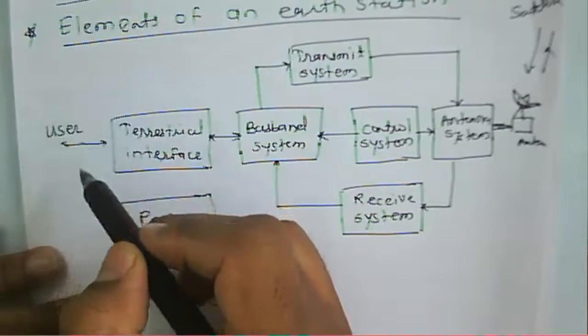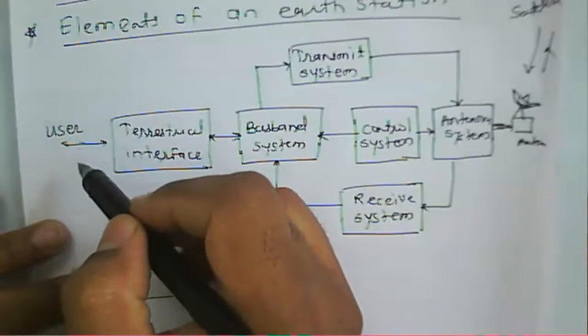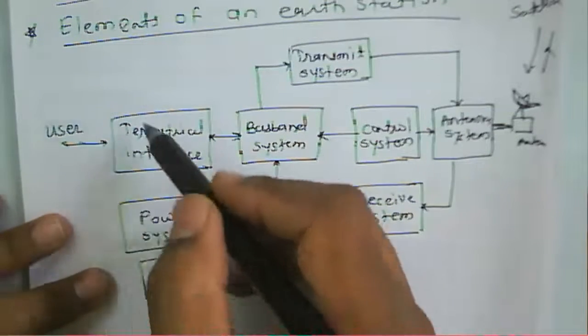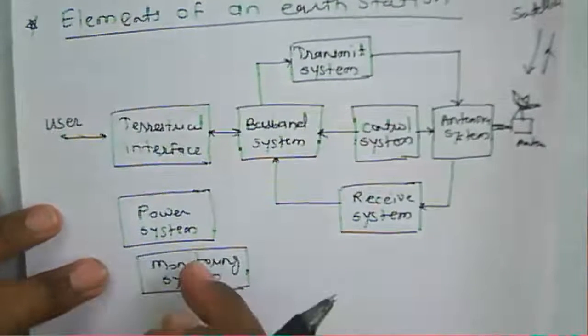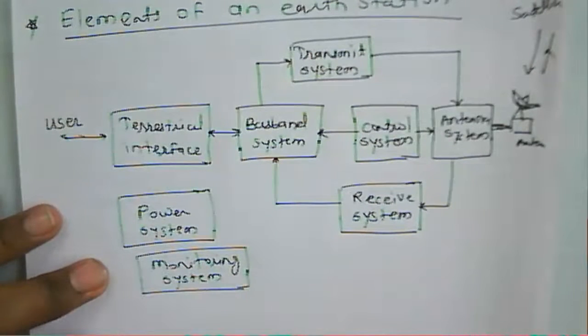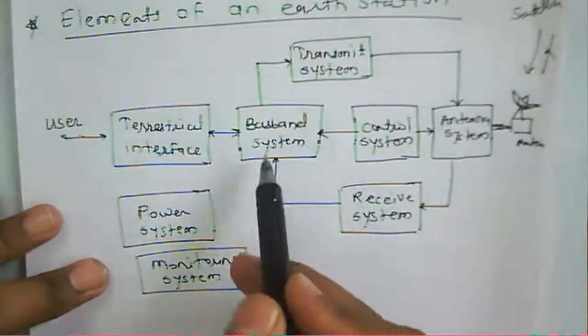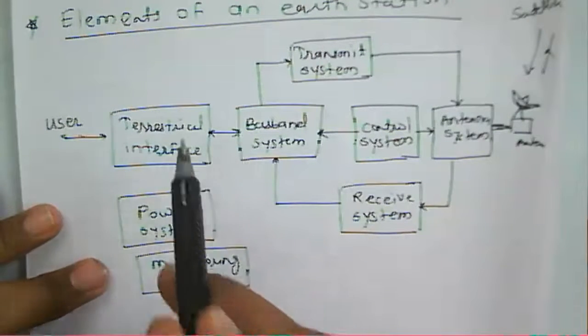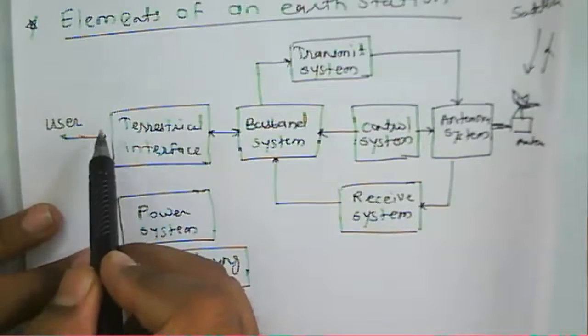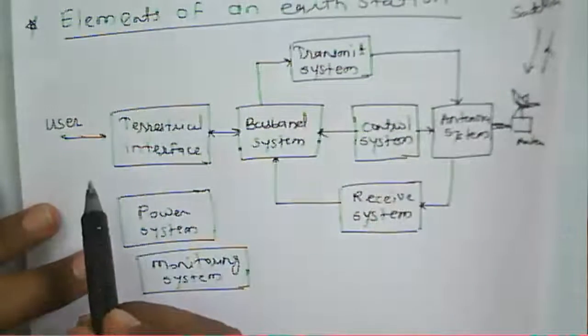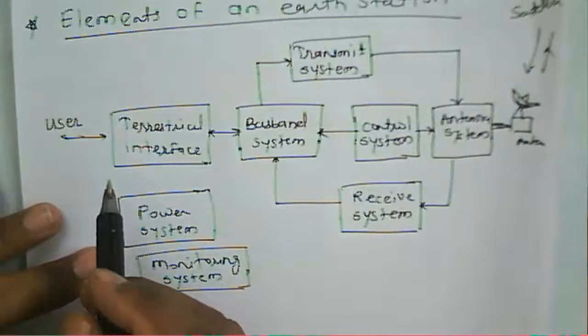From the terrestrial side, the earth station receives the signal from various terrestrial components or systems, or the earth station will transmit the signal to the terrestrial system that was received from the satellite.